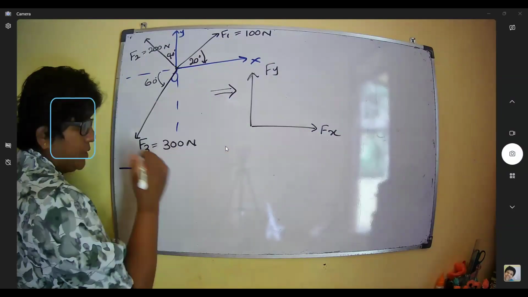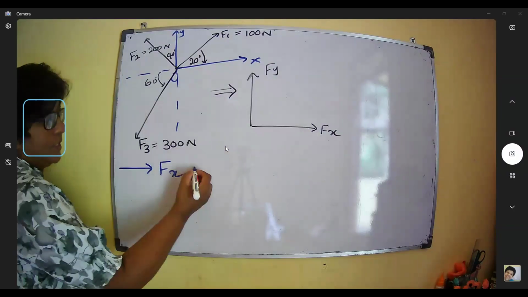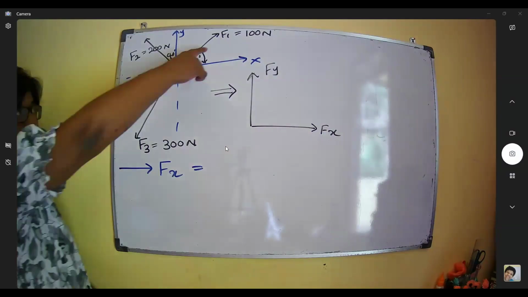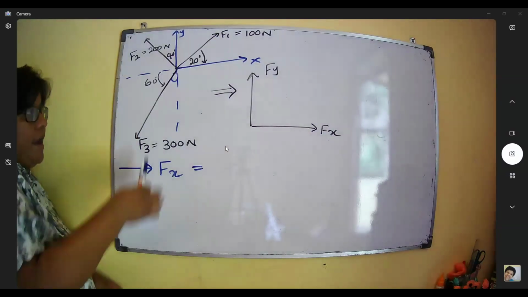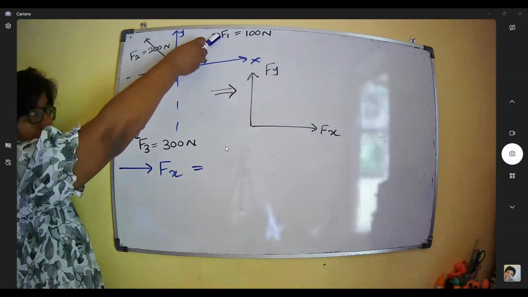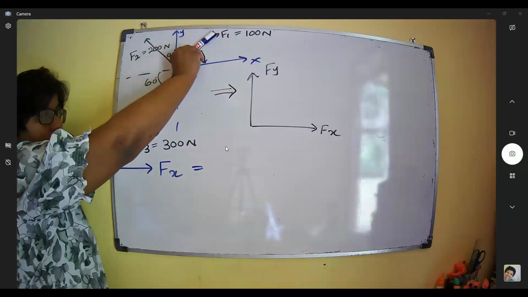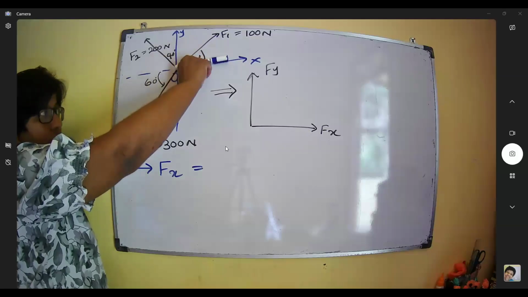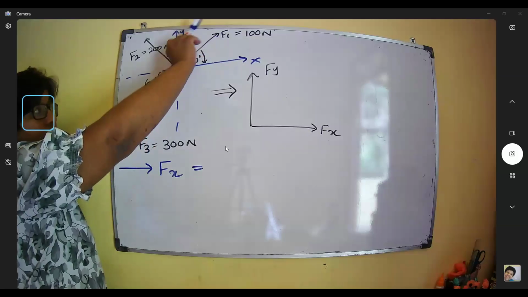This is our positive direction, Fx. Now we can write the components. First take F1, which is situated like this. Now we can convert F1 into one component along the x-axis and the other along the y-axis.